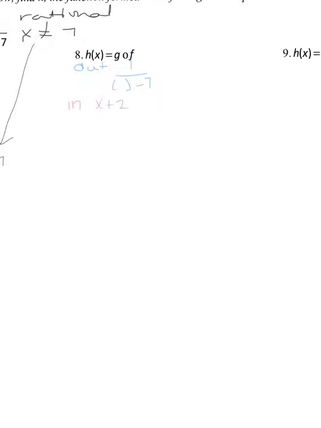And so that's what goes into those parentheses right there. So h of x equals 1 over x plus 2 minus 7. This is 1 over positive 2, negative 7. That's x minus 5. Now that's our final equation right there.